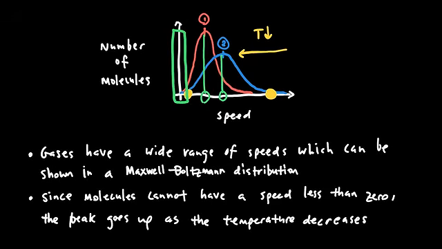So the distribution is forming a more narrow peak and building up a higher peak that is going to be near 0 but not quite 0, and the molecules can't go anywhere else. So higher temperature gases have peaks that are further to the right and more spread out, and lower temperature gases have peaks that are further to the left and higher.